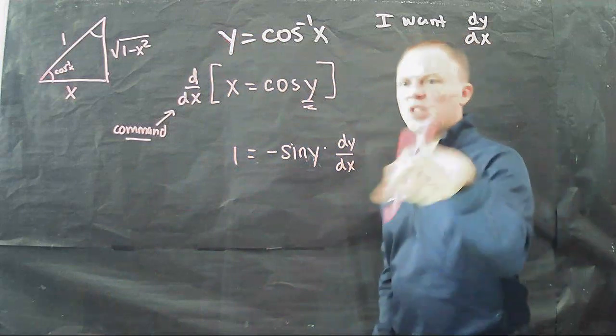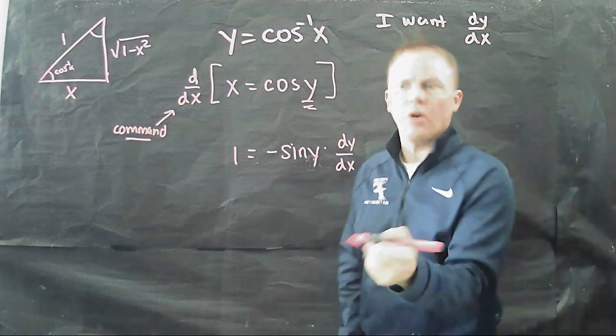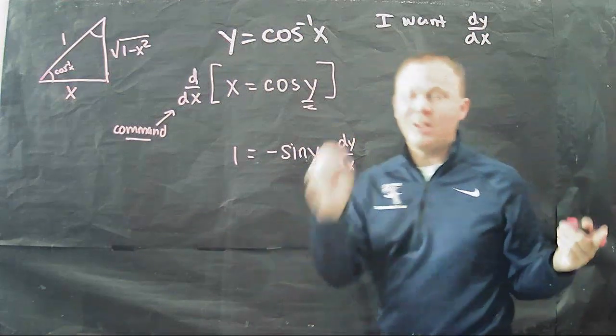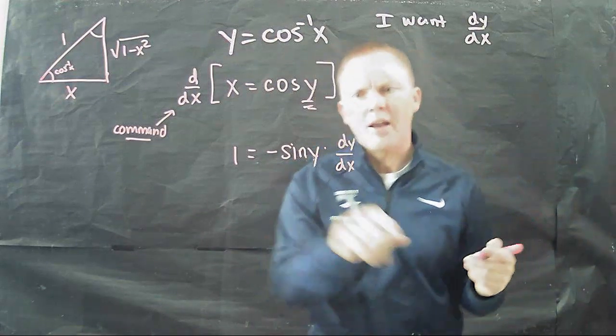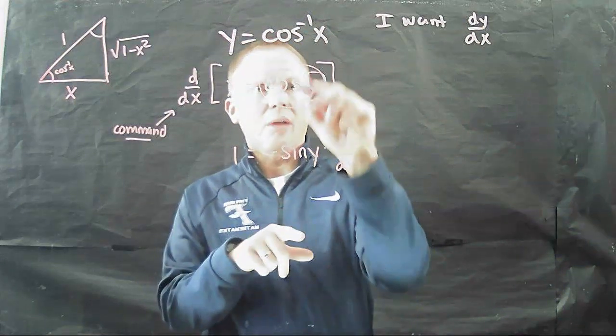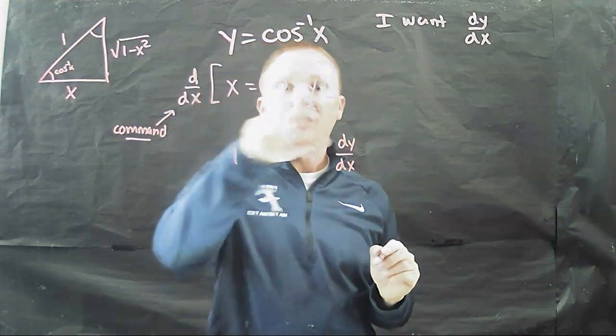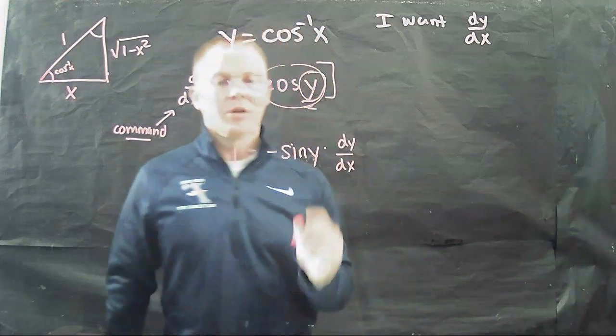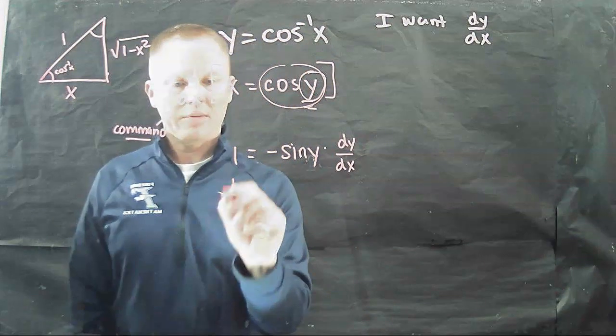Now, don't just go sticking a dy dx there just because it seems like we just take the derivative of that and then put a dy dx at the end. Understand why you're doing that. Because you're taking the derivative of this whole thing and then you're multiplying by the derivative of the inside. And the derivative of the inside with respect to x is dy dx. Okay, now we solve this for dy dx.